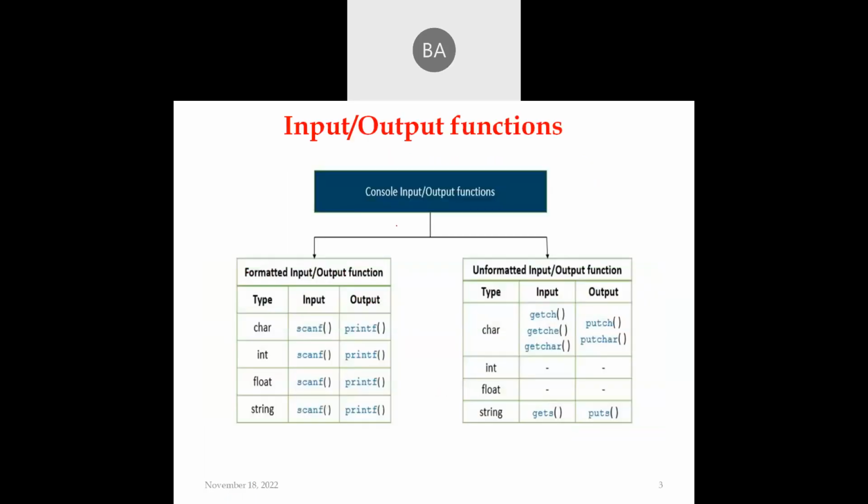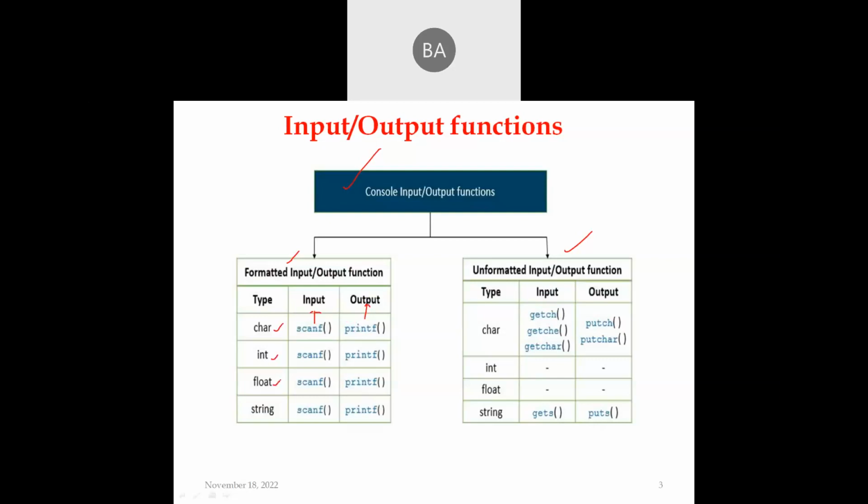Generally, in the C language, the console input output functions are categorized into two different types: formatted input output functions and unformatted input output functions. Under formatted input output functions, scanf is called an input function and printf is called an output function. These are used for reading all the basic types of data.